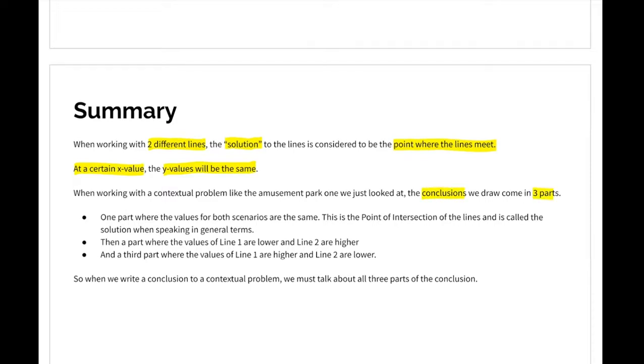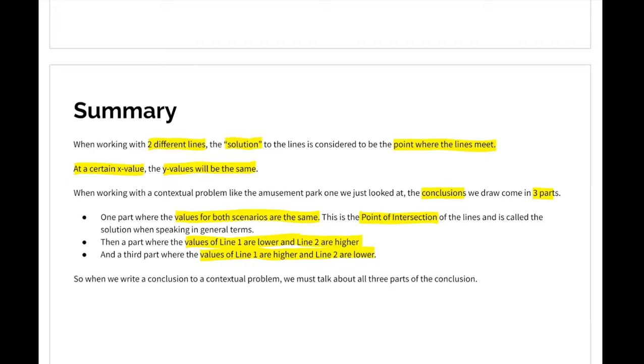One part where the values for both scenarios are the same, and we call this the point of intersection. A part where the values of line 1 are lower and line 2 is higher, and then a third part where it's the opposite. The values of line 1 are higher and line 2 are lower. It doesn't really matter which part comes first or which line is higher first. In the context, you would be able to understand what that is.